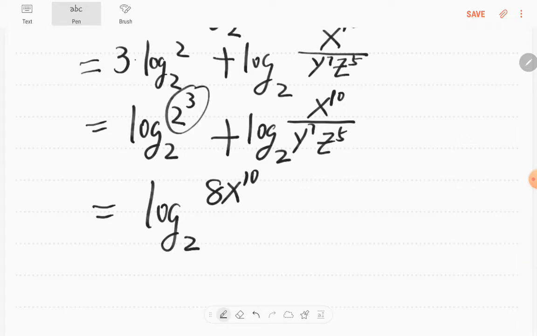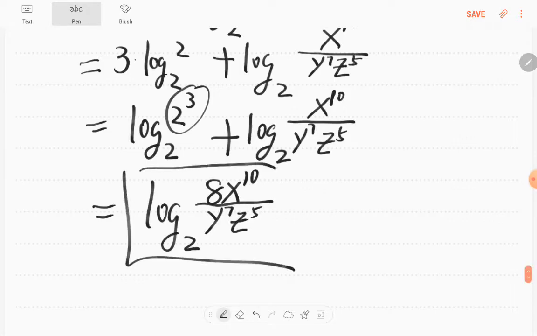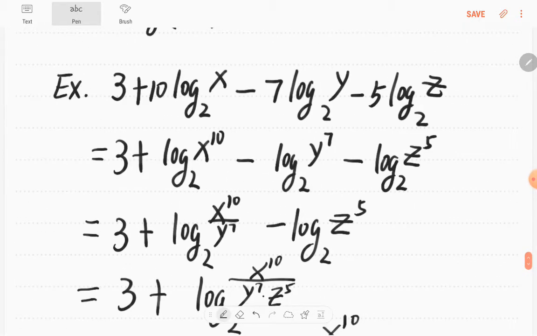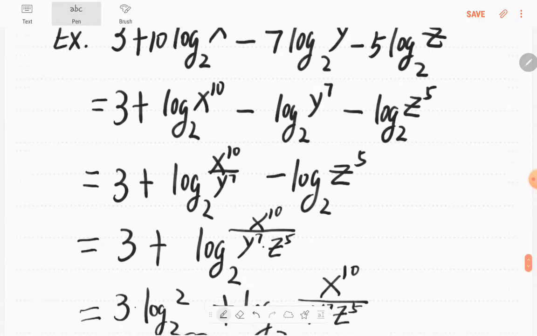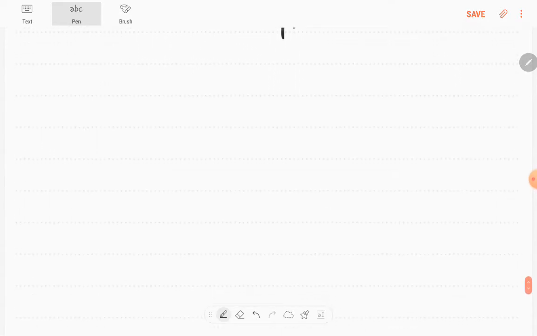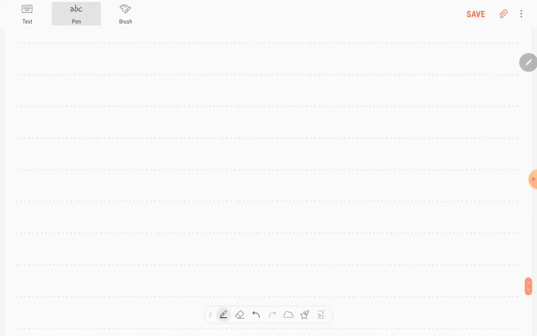So this is 8, right? So this would be awesome. It looks very complicated for this problem, but it will help you a lot to understand the properties of the logarithmic functions. So now we want to look at how to solve the logarithmic equations. Okay, how to solve simple exponential equations and the logarithmic equation.